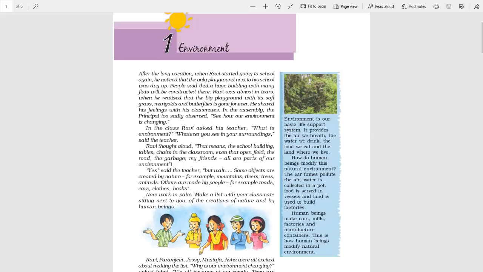The car fumes pollute the air. Water is collected in a pot. Food is served in vessels, and land is used to build factories. Human beings make cars, mills, factories, and manufacture containers. This is how humans begin to modify the natural environment.